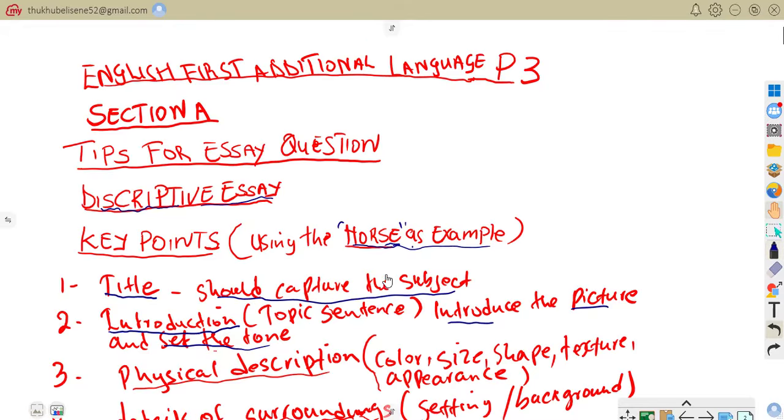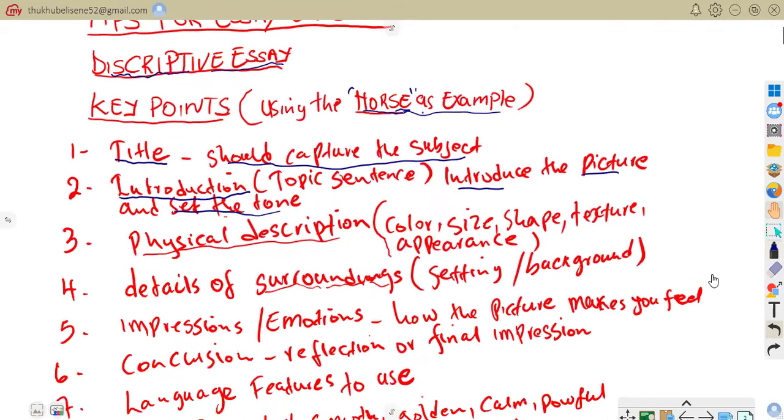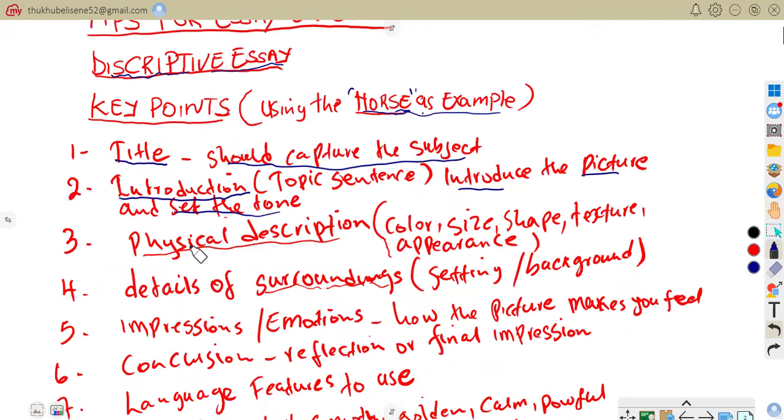Now we are moving on to number 3, where we are going to talk about the physical description of our horse, because you're using the horse as an example. You are to give a description of the horse.